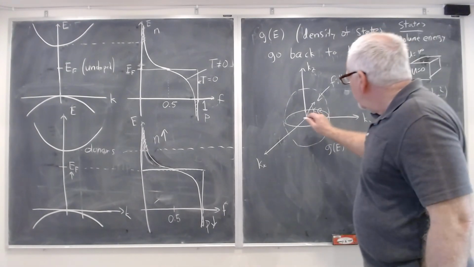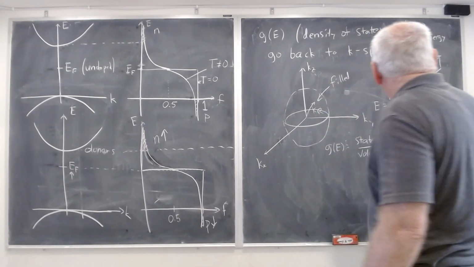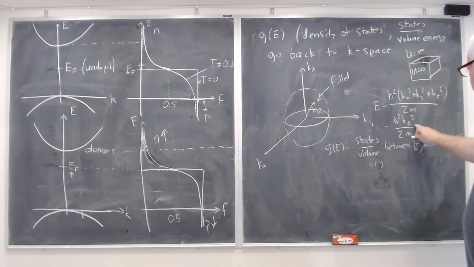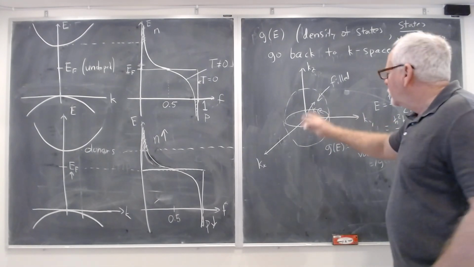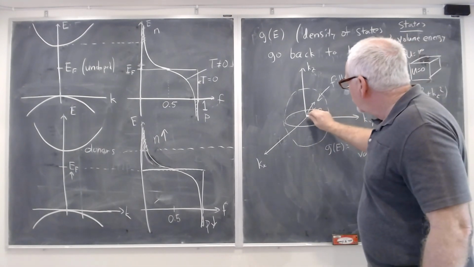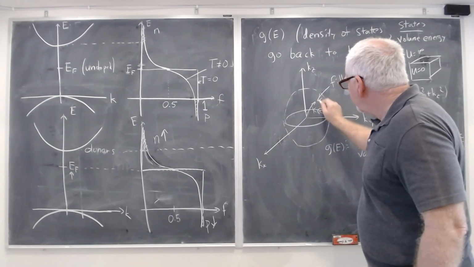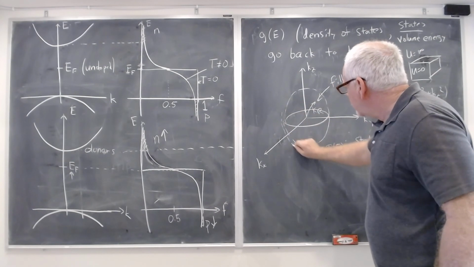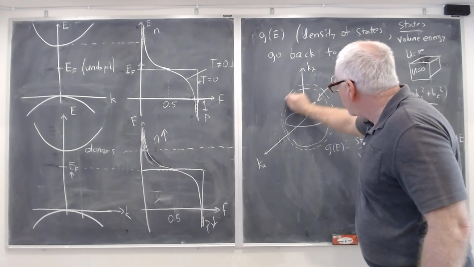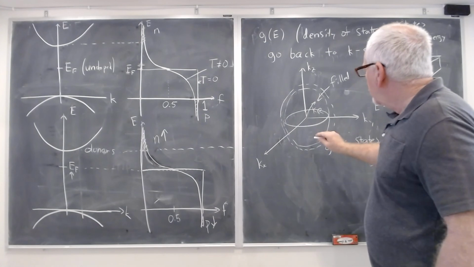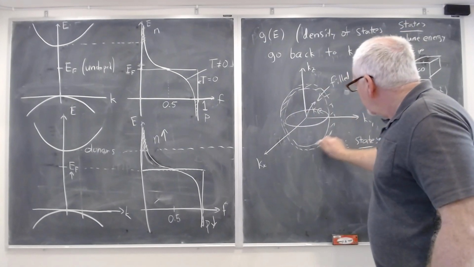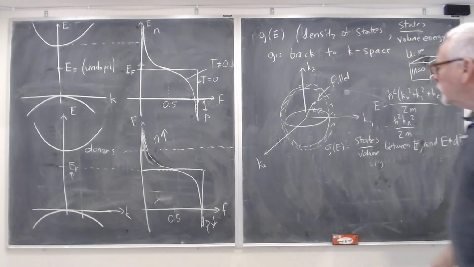So let's think about this for a second. E is h bar squared kr squared over 2m. So that defines an E sub r to this surface of a sphere. And now I'm going to make the sphere dE bigger, or dkr bigger. All right, and I want to find the number of states in that little shell.